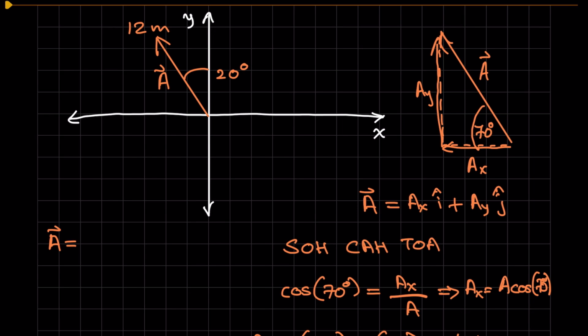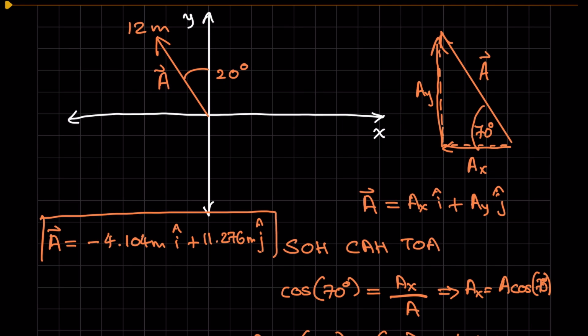Even though we got a magnitude for ax, ax is actually pointing to your left, so that should be negative 4.104 meters in the i hat direction plus 11.276 meters in the j hat direction. So that's what A is.